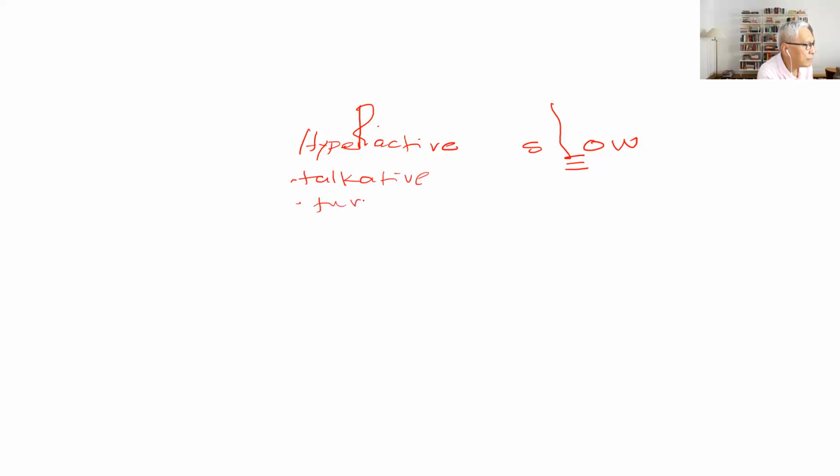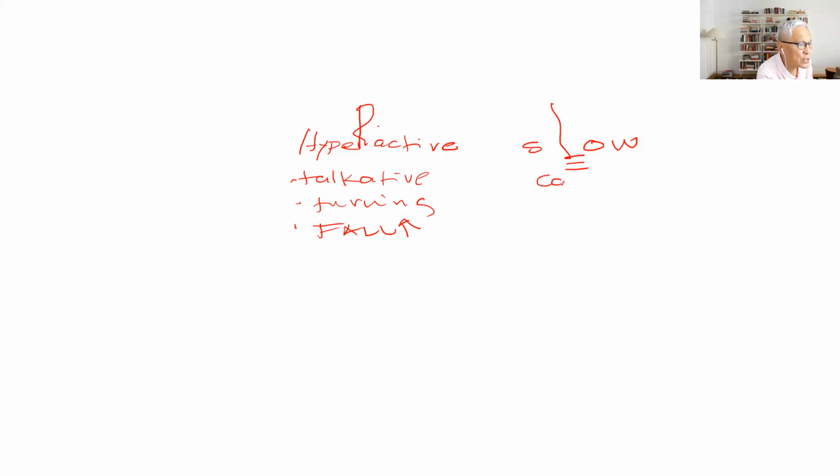Okay. So I always write it this way. Whenever I'm trying to remember, hyperactive would be right hemispheric stroke. Slow would be left hemispheric stroke. So what do I mean by hyperactive? Well, they're talkative, and they're always turning. They're going to have a higher incidence of falls.